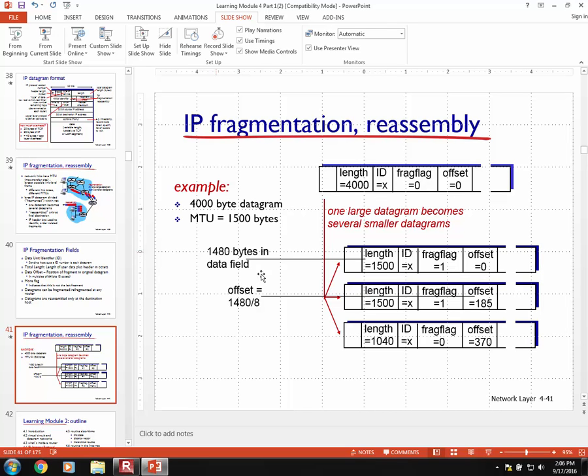Since we have 1,480 bytes in the data field, the offset for this is going to be 1,480 divided by 8, which is 185. And then finally we have our last datagram, which is smaller than the previous, since we only have a total of 4,000 bytes.